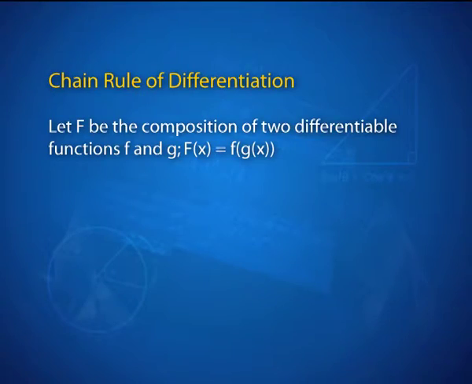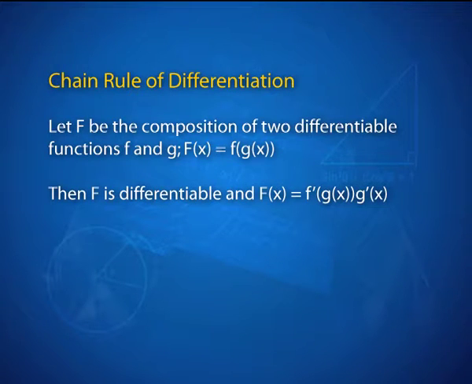If F is a composition of two differentiable functions f and g, that is F of x, note the difference, that is a capital F, is same as f of g of x, then capital F is differentiable and its derivative is the product of the derivative of g and the derivative of f at g of x. So, it is same as f dash of g of x into g dash of x.